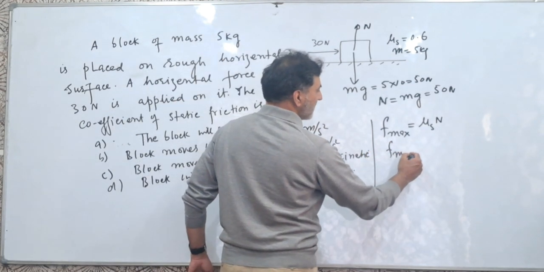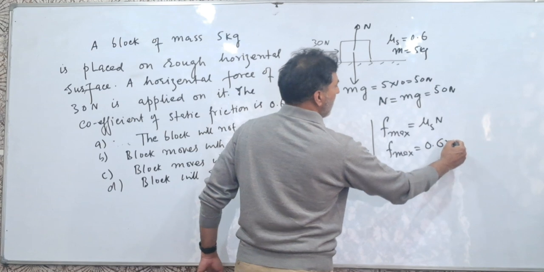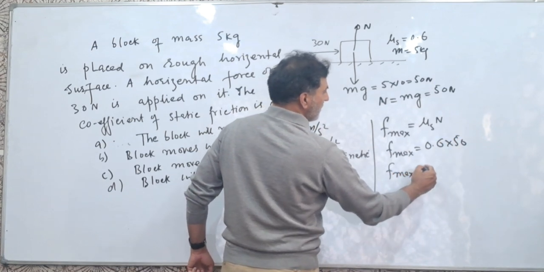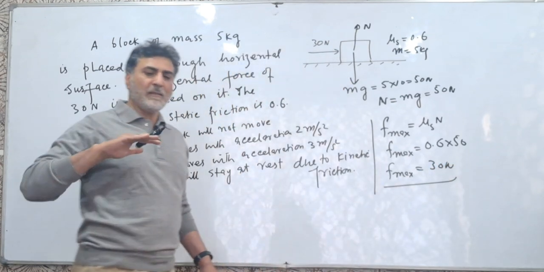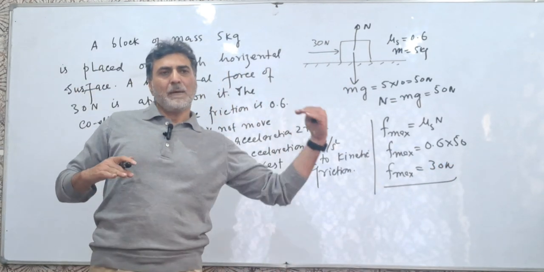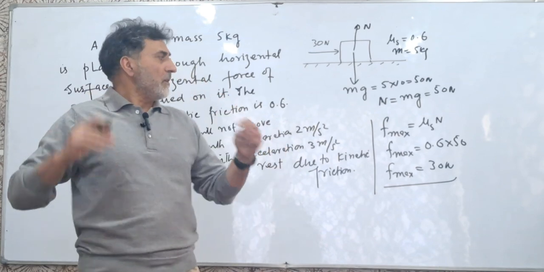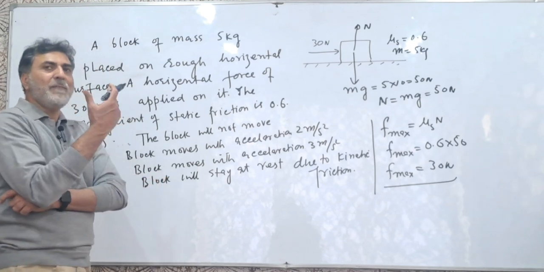F max is equal to mu s, that is 0.6, into N, that is 50. So maximum frictional force is equal to 30 Newton. You are applying 30 Newton, but the maximum possible frictional force in the opposite direction will also be 30 Newton according to this rule. So that simply means that the body will remain at rest.